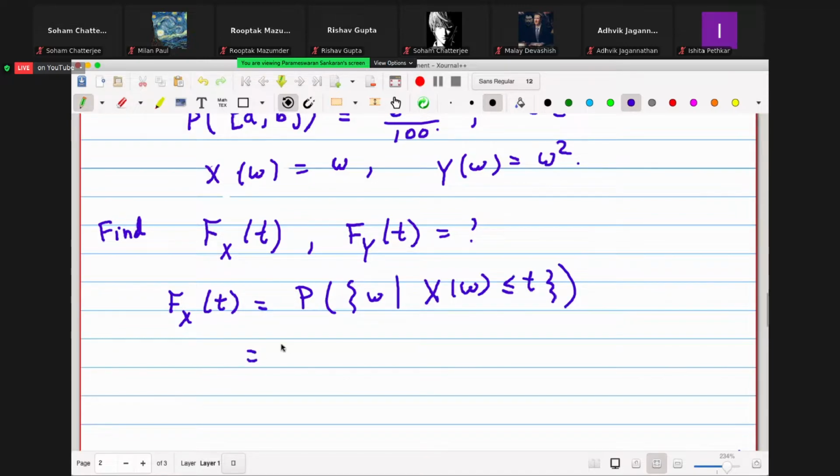So you must compute it and write it. Obviously, this is the empty set unless t is non-negative. So you put 0 if t is strictly less than 0.